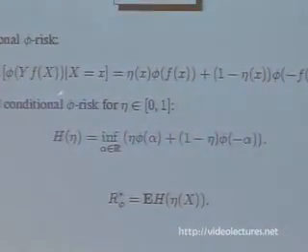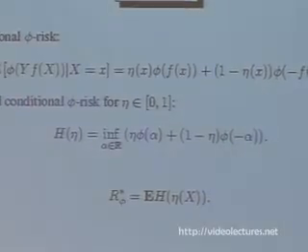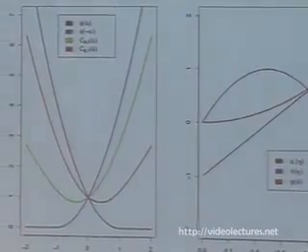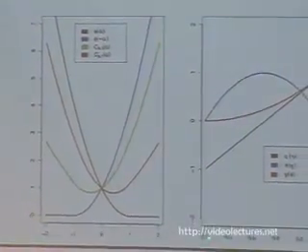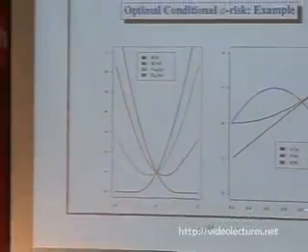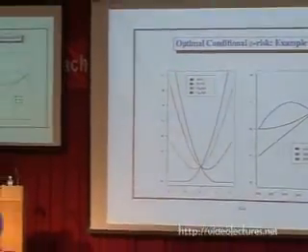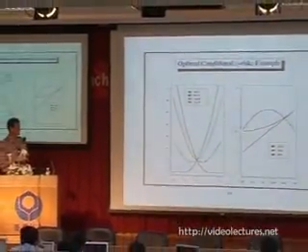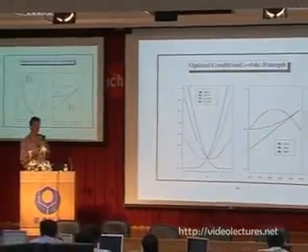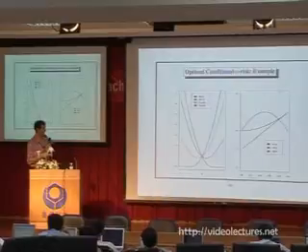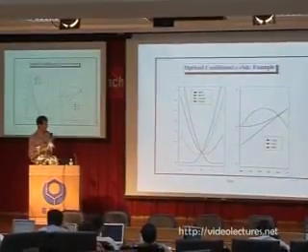What's the smallest value of this conditional phi risk? That's this function h of eta. So as the conditional probability varies between 0 and 1, so the probability that y equals 1 given our one fixed x varies between 0 and 1, the value that we see when we optimize the conditional expectation of phi of y times f of x is going to vary like this.